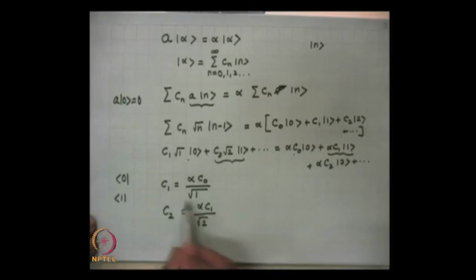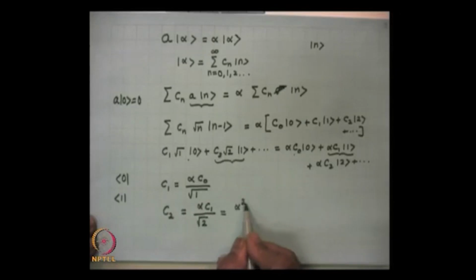So, please see, I substitute C 1 here. So this becomes alpha square by square root of 1 into 2, that is 2 factorial, C 0.